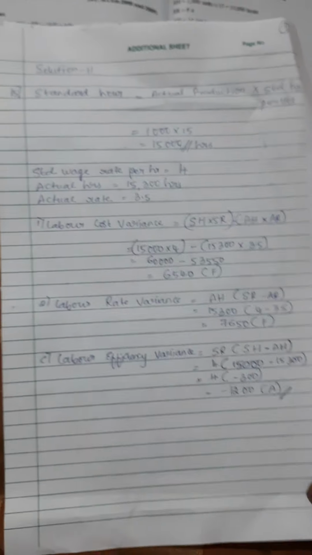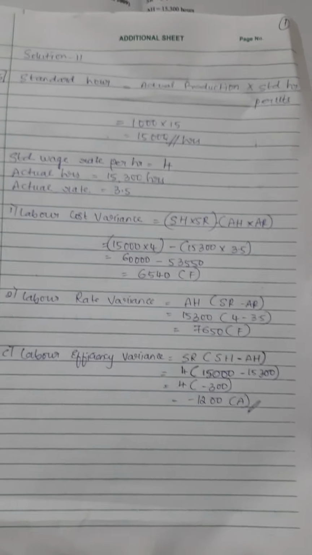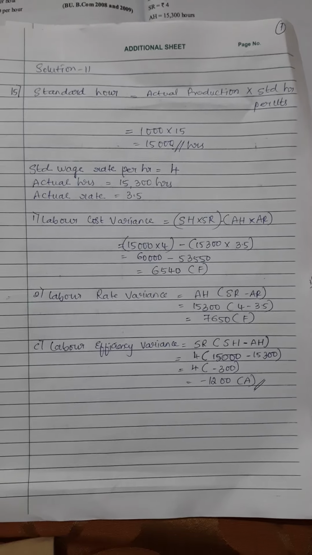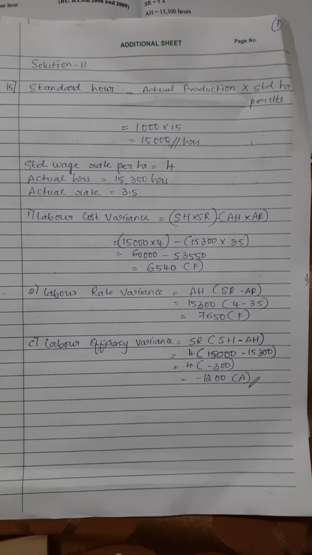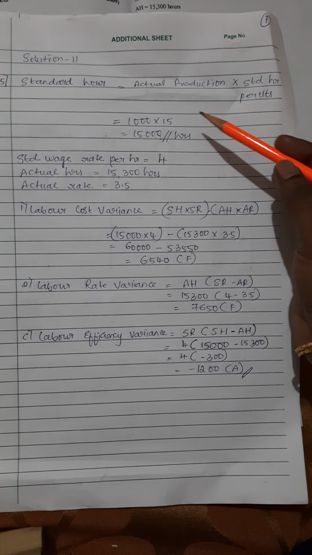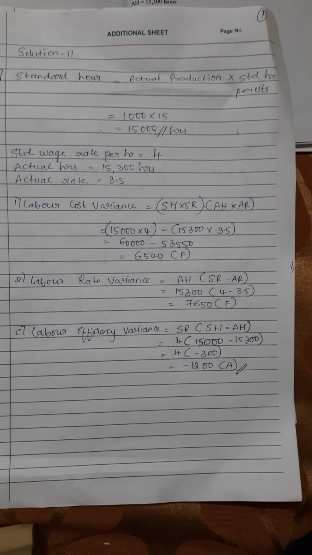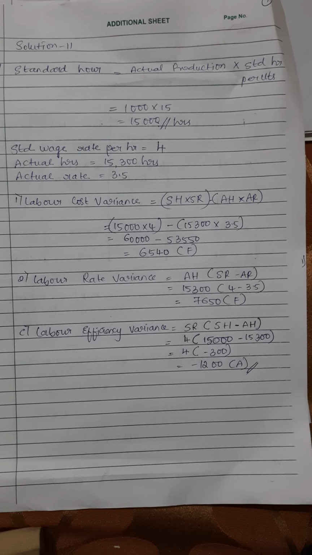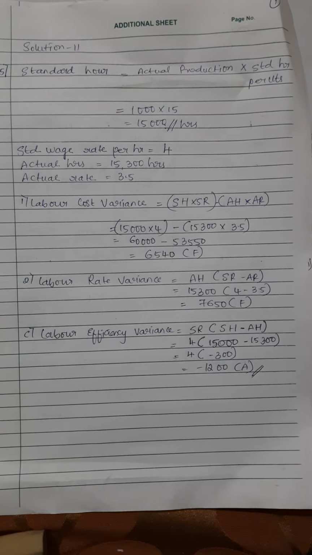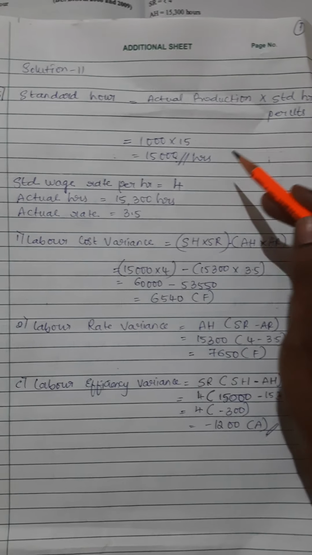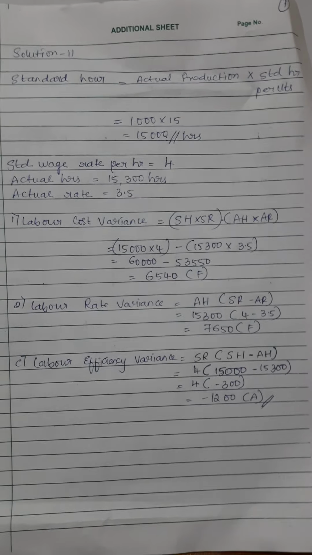Here is the solution for question number 15. Your formula for standard hour is actual production into standard hour per unit. What is the actual production given in the question? Actual production is 1000 units into the standard hour per unit, which is 15. 1000 into 15 will give you 15,000 hours.